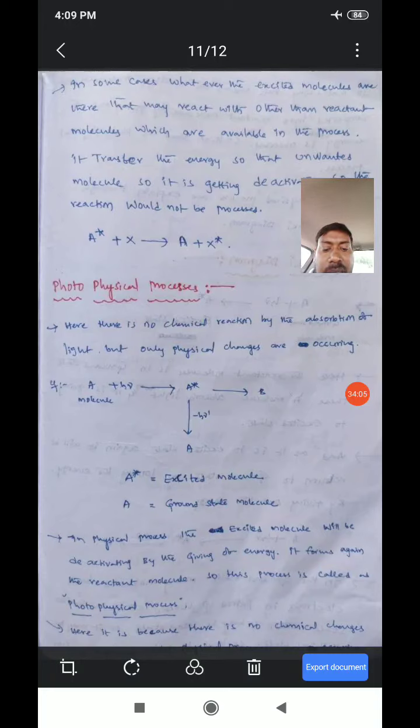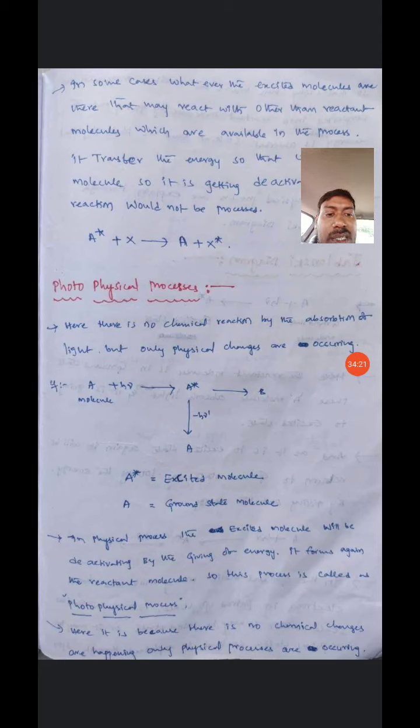In the physical process, the excited molecule will be deactivated by giving out energy, and it forms the reactant molecule again.